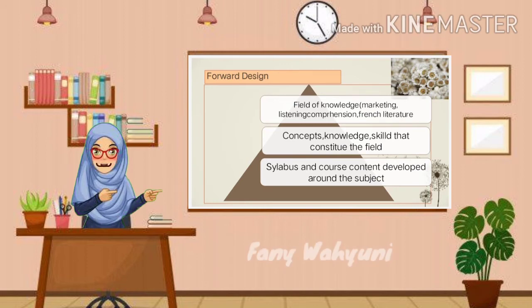One starts with the field of knowledge that one is going to teach, for example: contemporary European history, marketing, listening comprehension, or French literature, and then selects concepts, knowledge, and skills that constitute the field of knowledge. A syllabus and the course contents are then developed around the subject. Objectives may also be specified, but these usually have little role in the teaching or assessing of the subject.